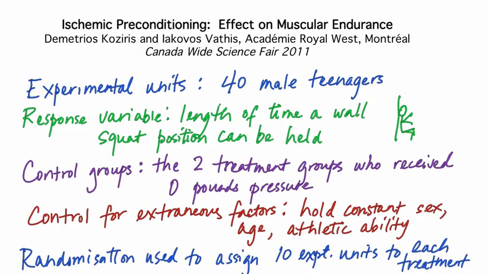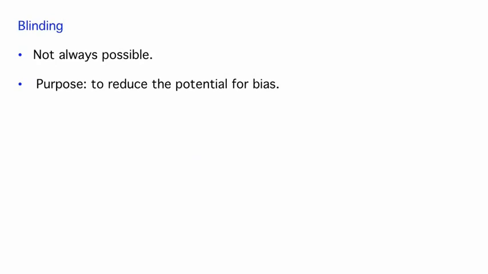This ischemic preconditioning experiment also illustrates some other characteristics of excellent design, which should be used when appropriate and possible. The students used blinding. Blinding, if it can be used in an experiment, reduces the potential for bias, since people don't know if a treatment is in place or not.